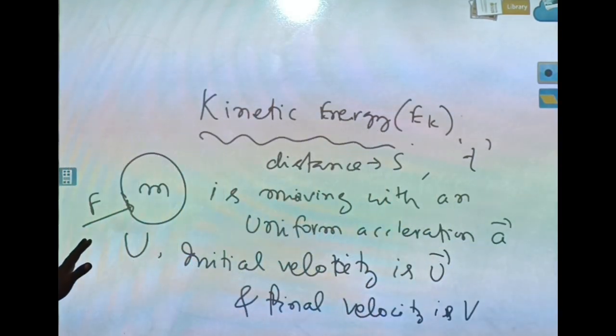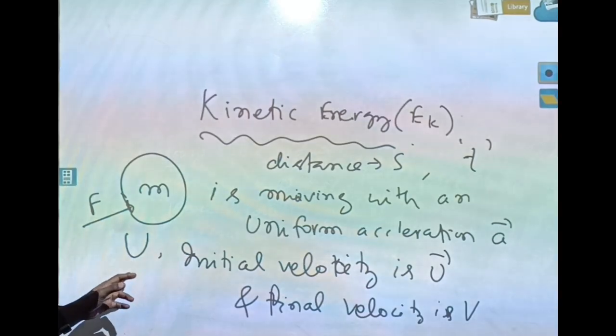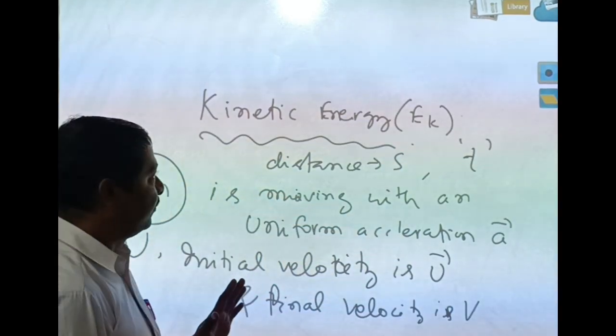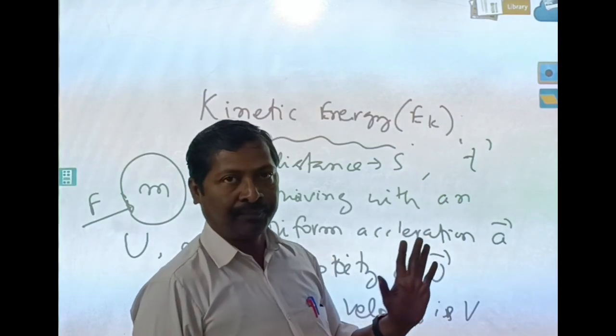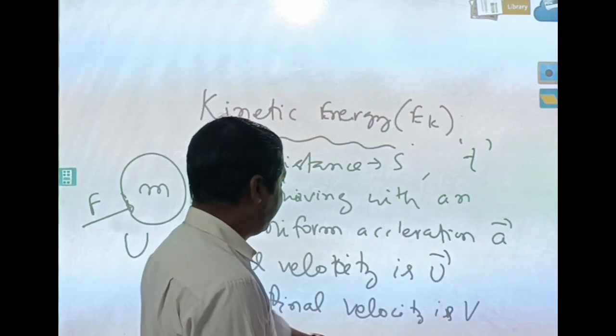Suppose its initial velocity is u and final velocity is v. It travels some distance s in time t. You have to write this down first.